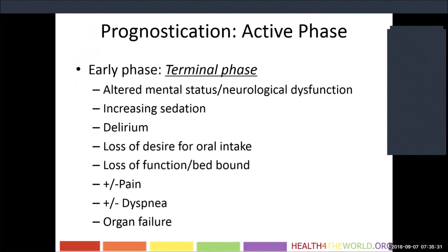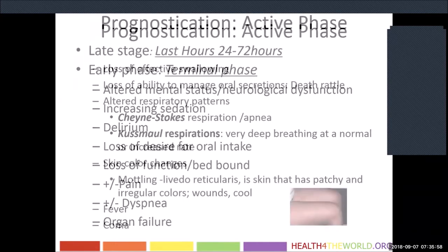You might notice increased sedation, so they're sleeping a lot more. Delirium, a loss of desire for oral intake, and then loss of ability to handle oral intake. They are becoming more bedbound. You may see increase in pain or shortness of breath. And during this time, organ failure is starting to happen, so with their ability to handle the medications they were using before, you might actually start to notice some toxicity.